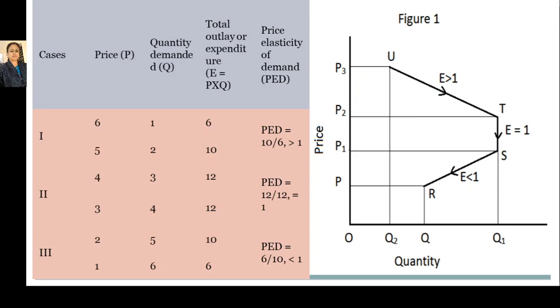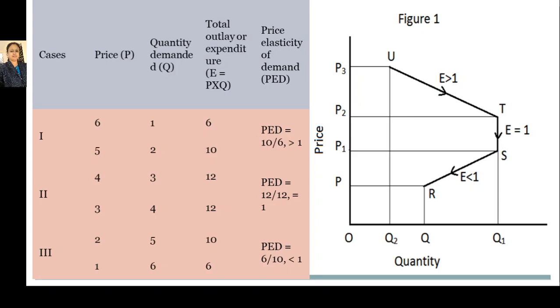When price falls from P3 to P2, quantity rises from Q2 to Q1, and elasticity of demand also rises from point U to T. So here demand is elastic.